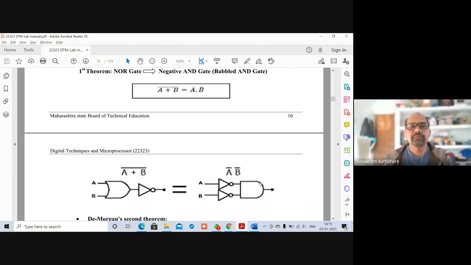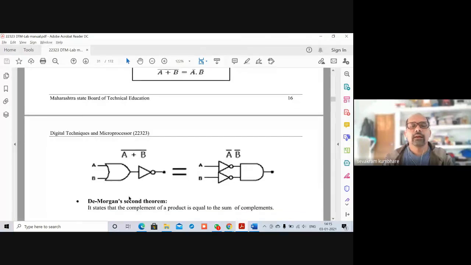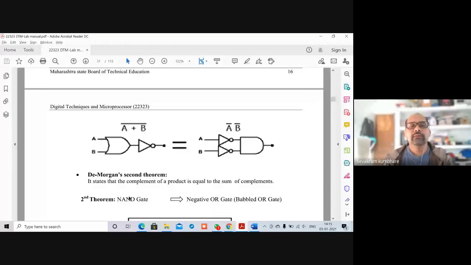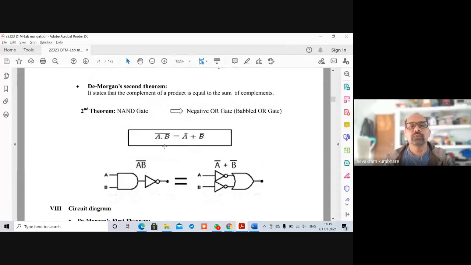This also can be represented like this, where we have first inverted A, then B, and then we have taken the product of those, and that will give us A bar dot B bar. So this equation can be implemented like this. This second circuit is equivalent to the first circuit. Now similarly, we have theorem 2, where (A dot B) whole bar is equal to A bar plus B bar.